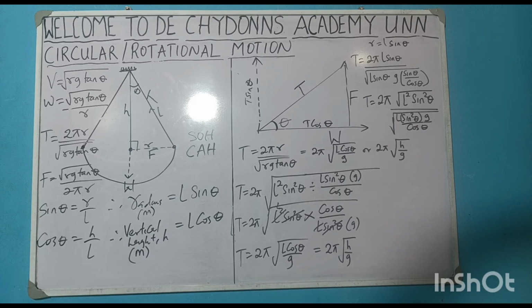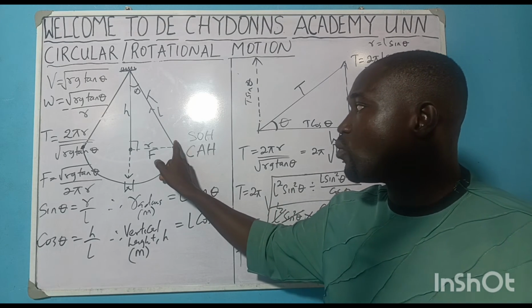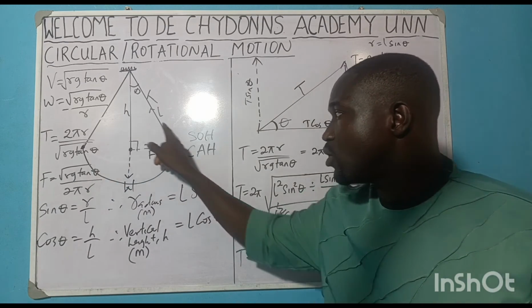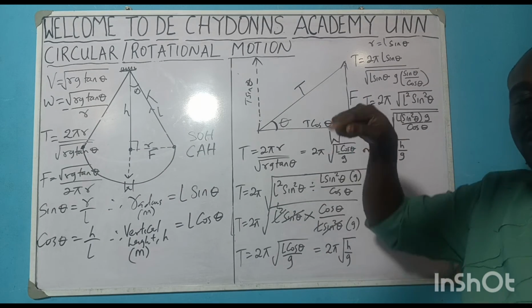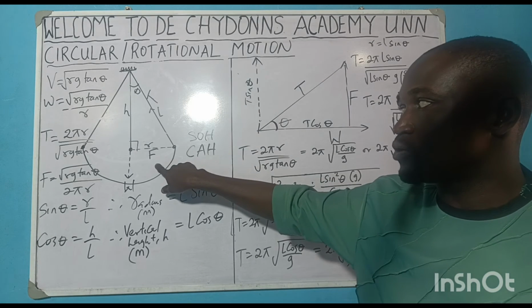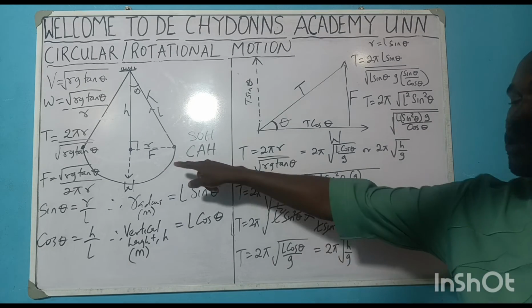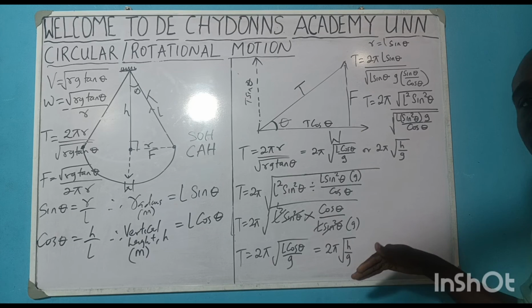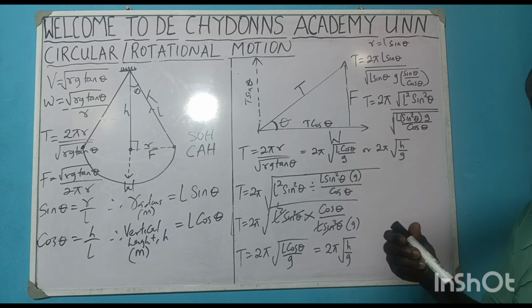Since we know that there are bodies that embark on horizontal circular motion, and at the same time embark on simple harmonic motion, like a simple pendulum that is moving like this. So if a simple pendulum also embarks on circular motion per se, it means that this formula can be used on it, and also this formula can be used on simple harmonic motion too, but you need to check it well.